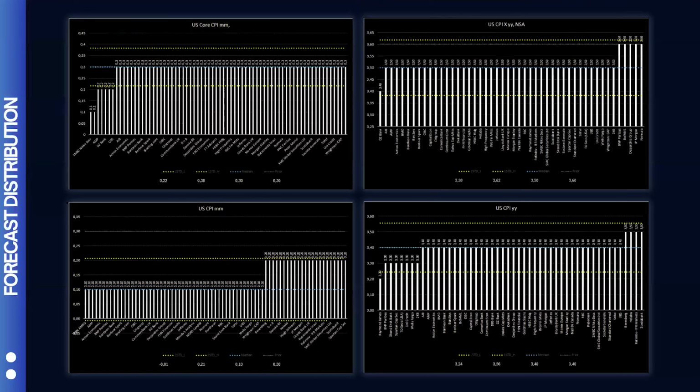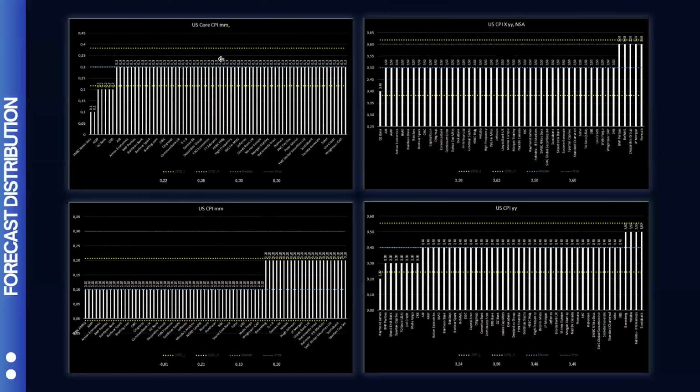Let's start top left. In the top left, which was the forecast distribution, that's core month over month. Notice that the low estimate for this was 0.1, and the high estimate was 0.3. We knew that from the calendar. But you don't have to be a rocket scientist to see that that low of 0.1 was a clear outlier on this chart. Even a print of 0.2 was a clear outlier when you compare that to this massive cohort of analysts that were all expecting a print of 0.3.